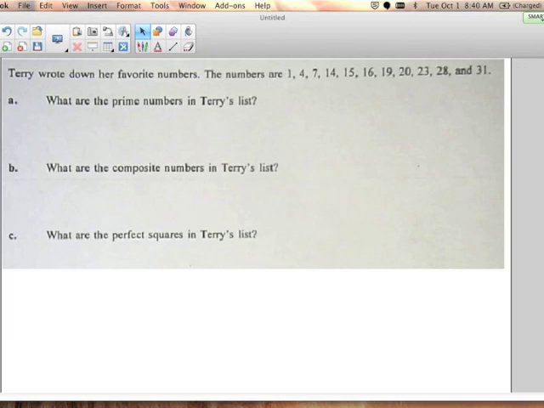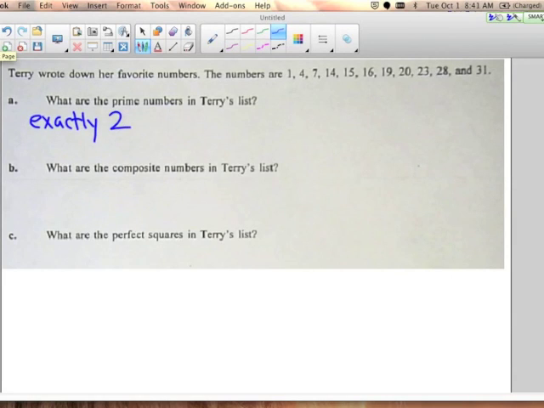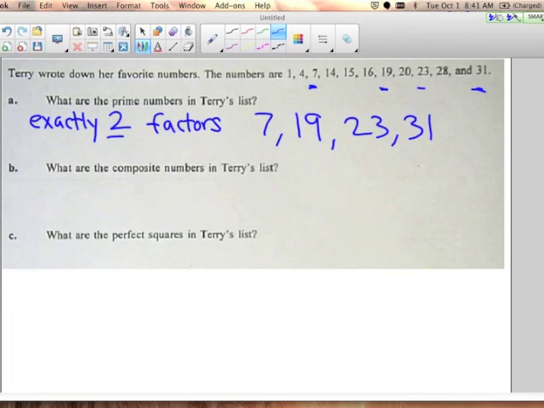The prime numbers on Terry's list. A prime number has exactly 2 factors. I've been talking about how 1 is special, so 1 should not be on this list because it only has 1 distinct factor. So now I'm listing the ones that have exactly 2 factors. So you should have those 4 numbers, 7, 19, 23, and 31.